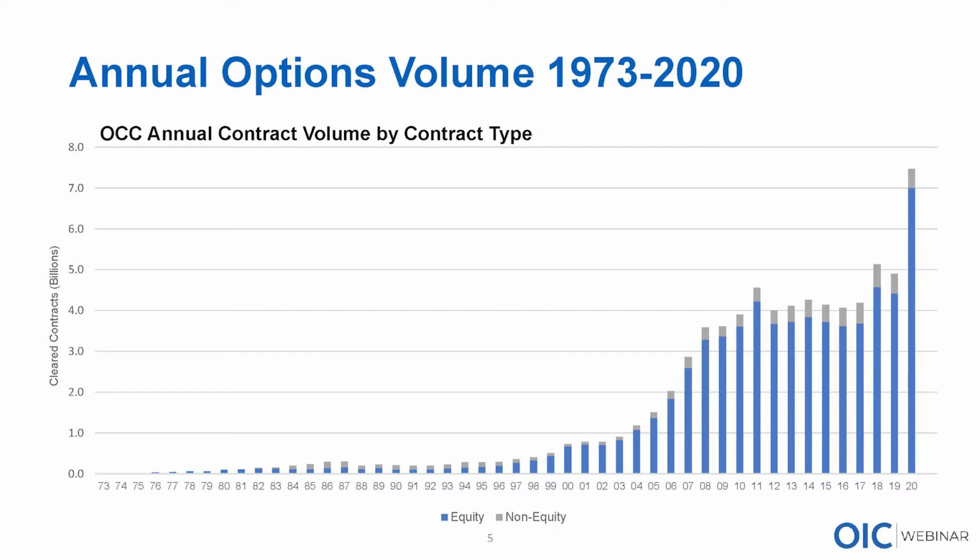Obviously, we were dealing with COVID back then. We still are today. We were dealing with an election. So there was plenty of volatility in the markets, but with volatility comes opportunity. And as you can see, there's plenty of investors flocking to the options market, not only to protect themselves, but also to position and speculate on the market going forward.